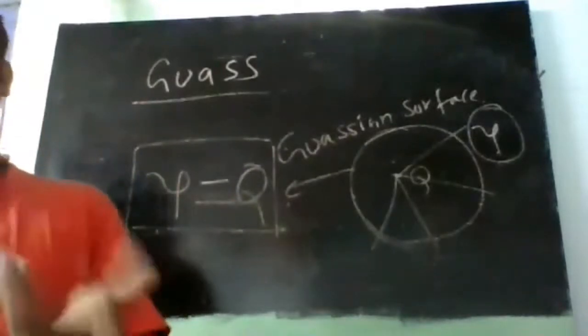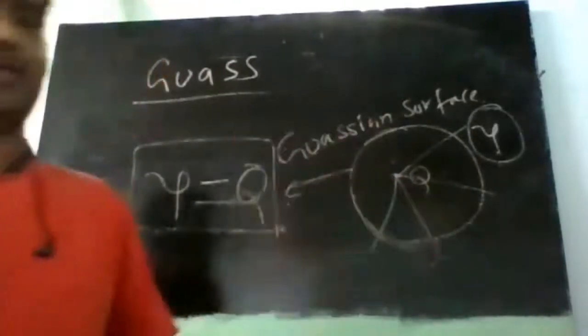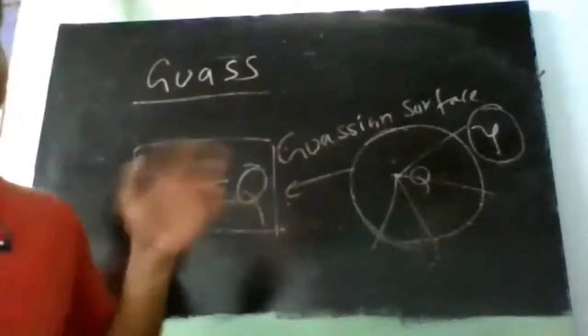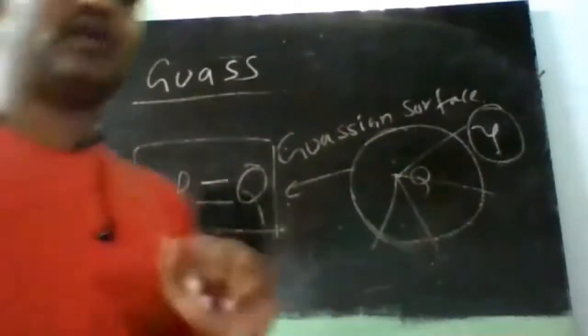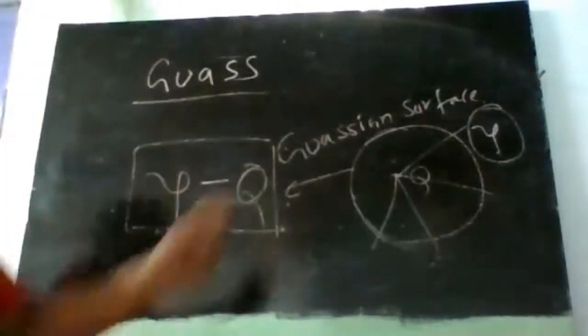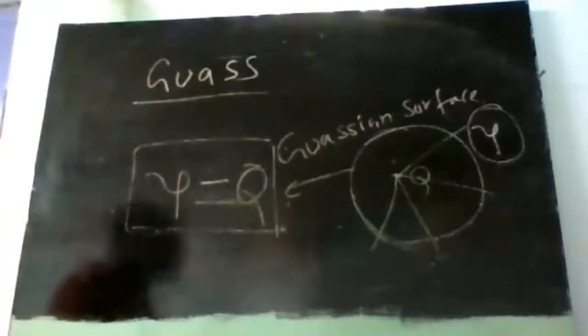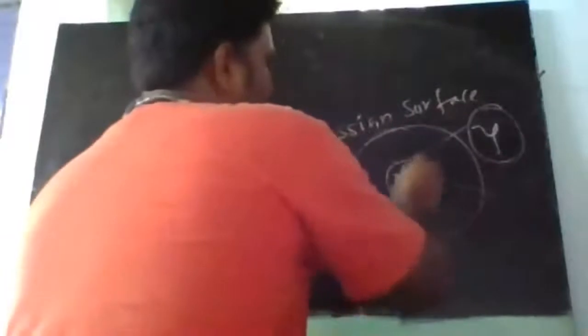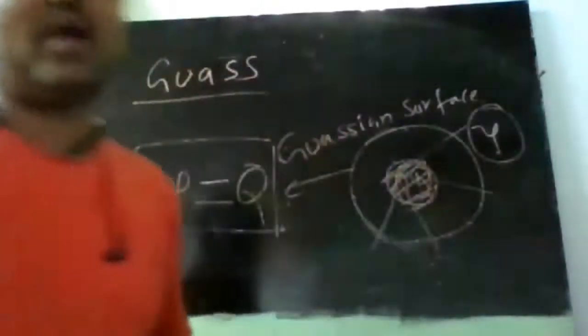You don't need to know what charge is present. If you can calculate the psi value, the flux coming out of this charge, I don't need to know what is in there, whatever kind of charge it might be.